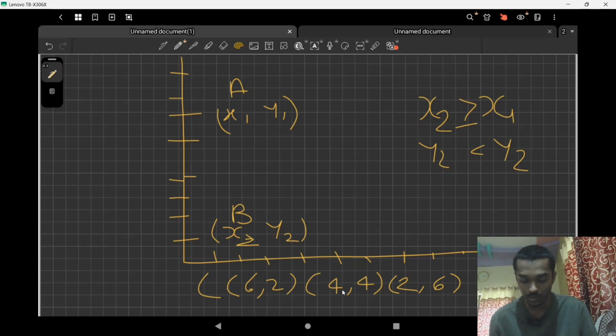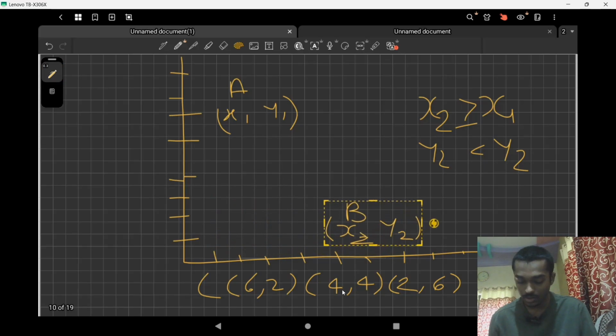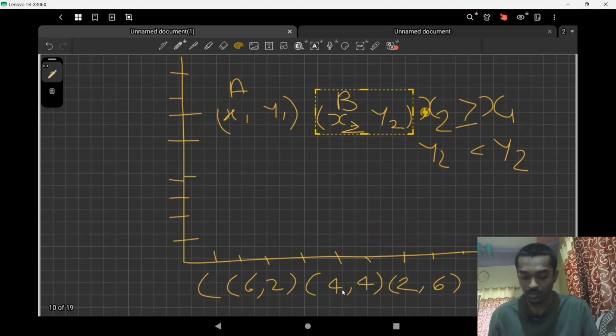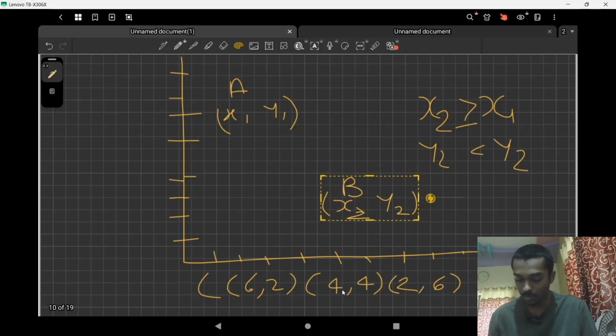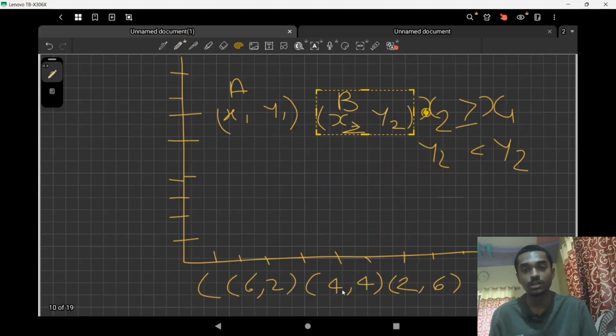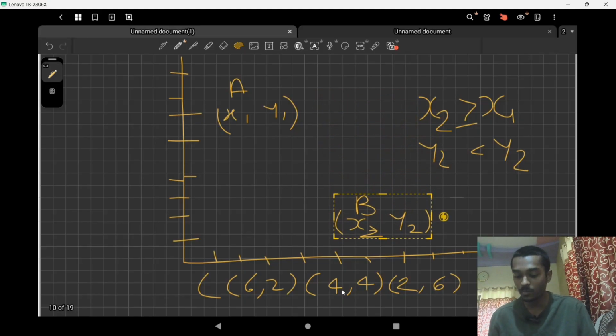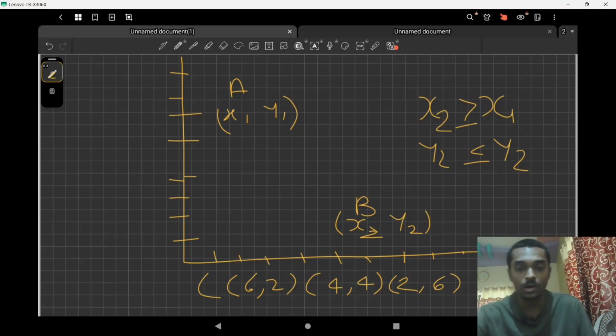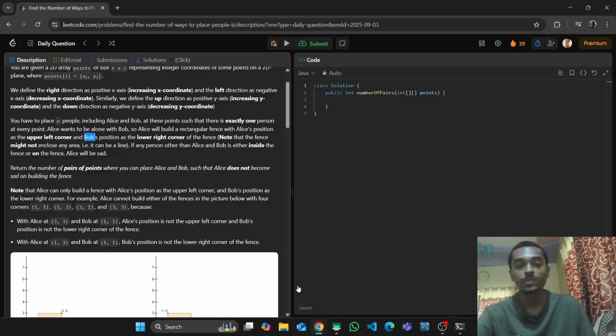I am going to show you if this point is equal to here. If y2 is equal, this is also a valid point for Bob. That means y2 is less than or equal to y1, this is also valid.